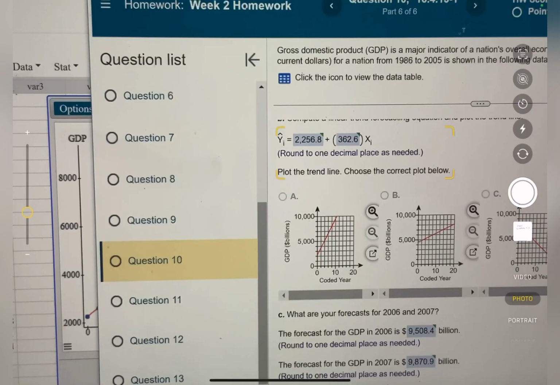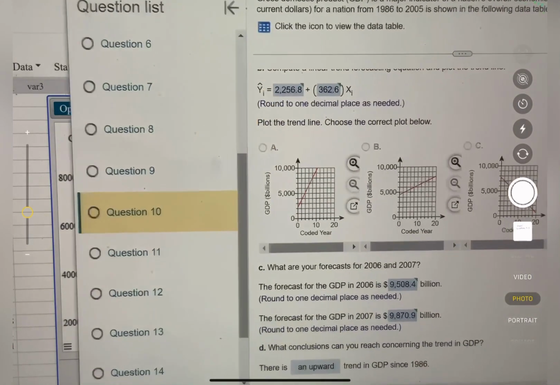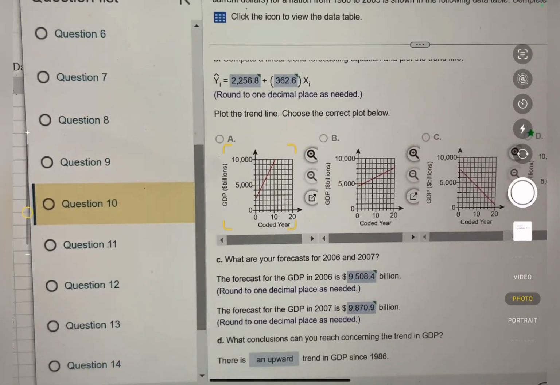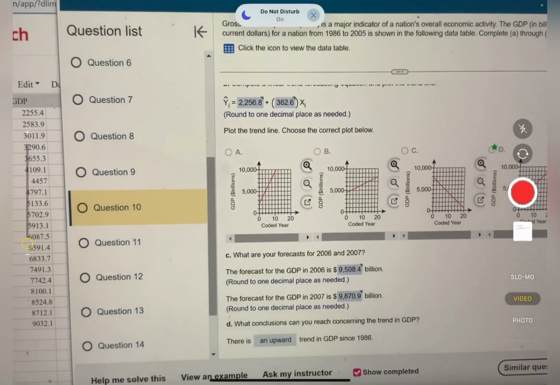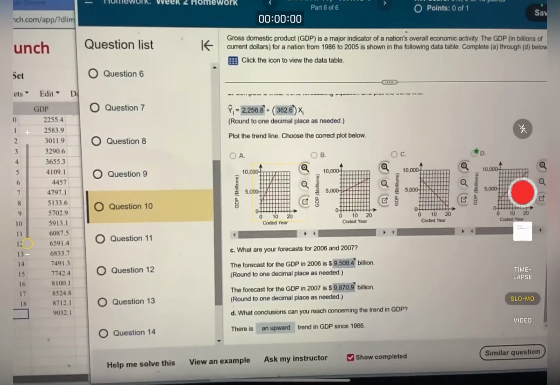What are your forecasts? Let me move up so you can see better. What are your forecasts for 2006? Okay. And 2007. So let me see.